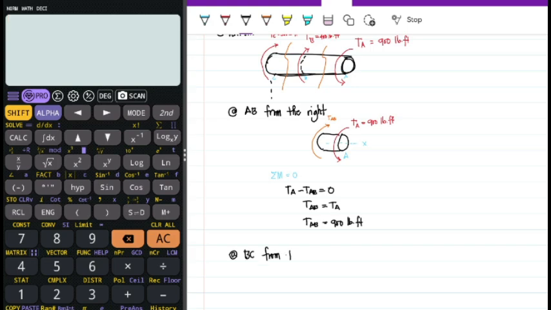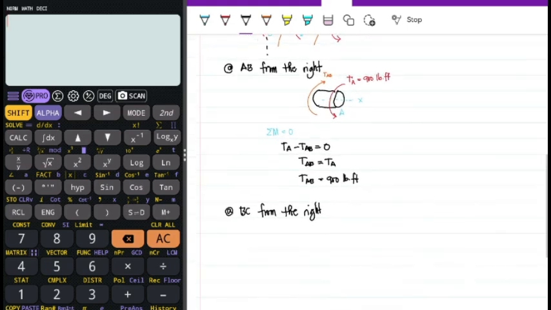Now we do our free body diagram at segment BC, still from the right. Again, we have to be very consistent.